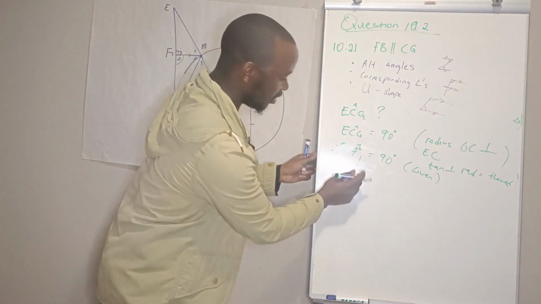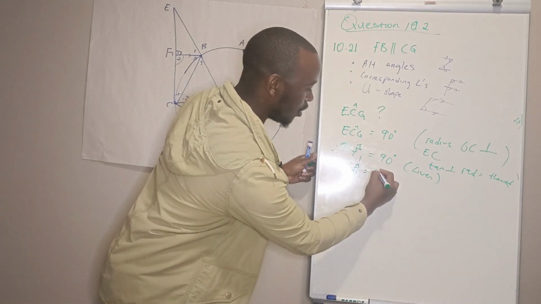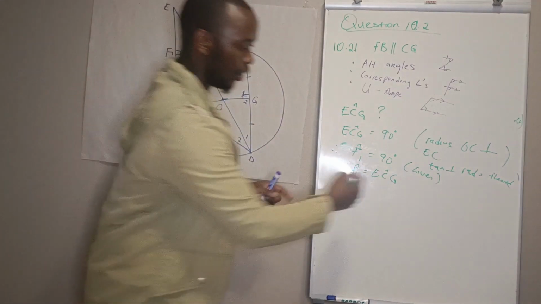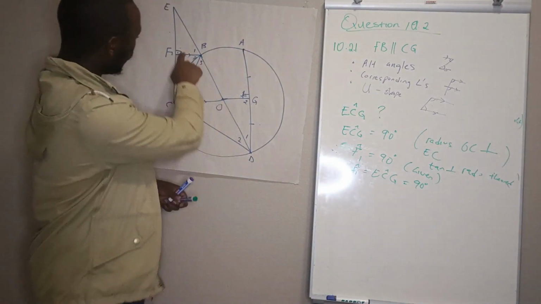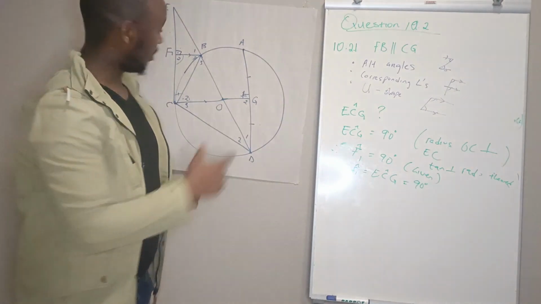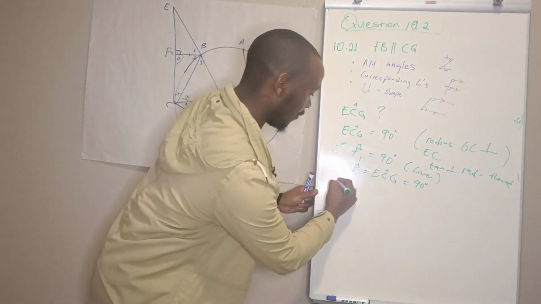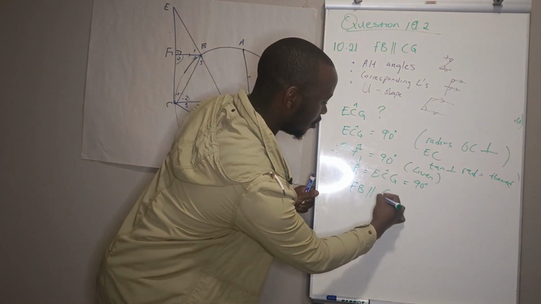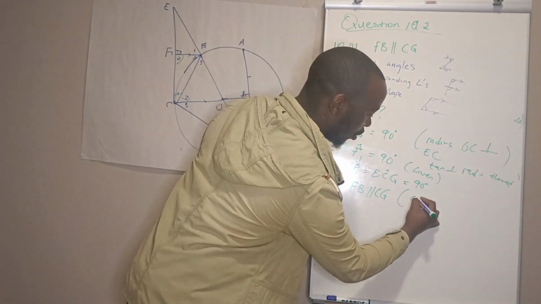So therefore, these two are equal. F1 is equal to ECG, equal to 90 degrees. Now, since those two angles are equal, then FB is parallel to CG. Therefore, FB is indeed parallel to CG. The reason is corresponding angles.